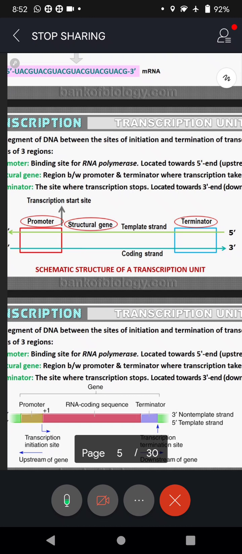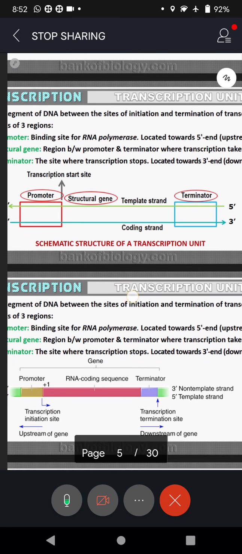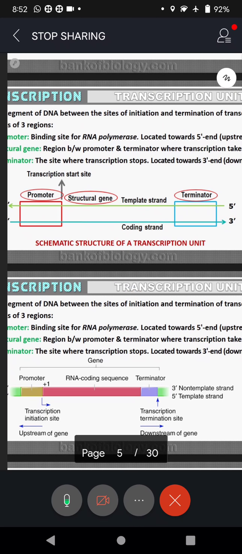One is the sugar molecule, another is the phosphate molecule, and the third one is the nitrogen base. If these three molecules are together in a particular place in the form of a helix, that portion can be referred to as a gene. That much you should understand at present.